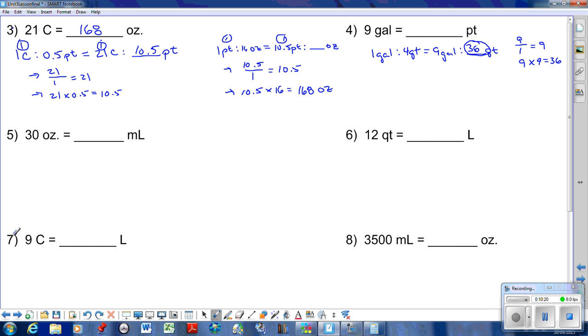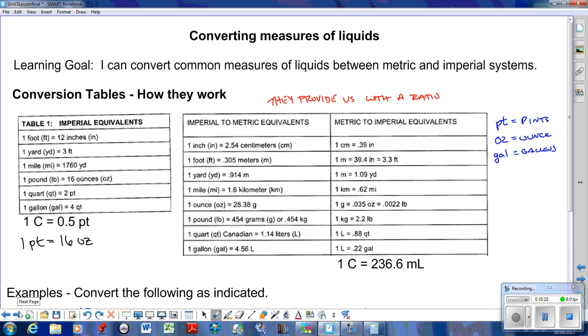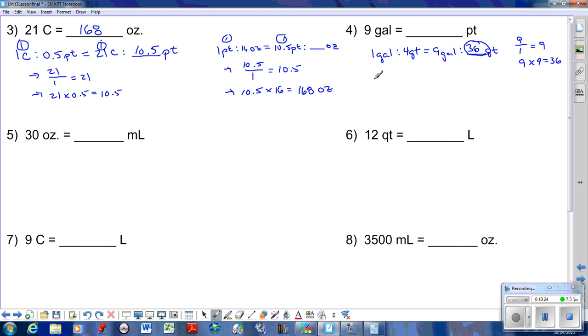On the other page, going back, we see that 1 quart has 2 pints. So now my new one is 1 quart has 2 pints, and I know that I actually have 36 quarts. So how many pints will I have?